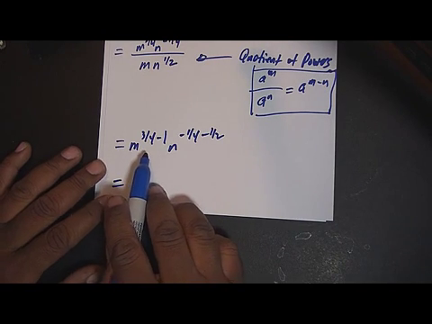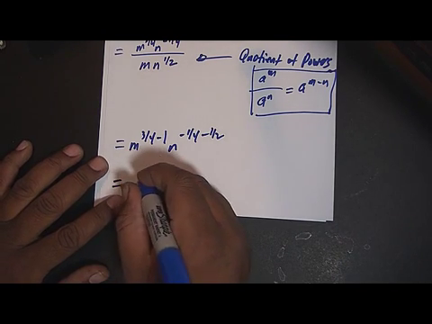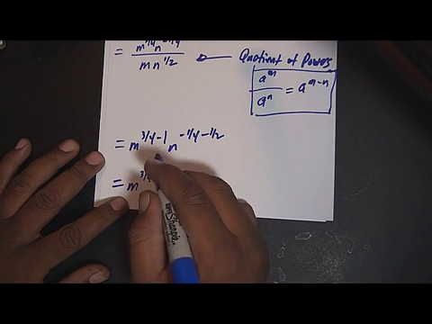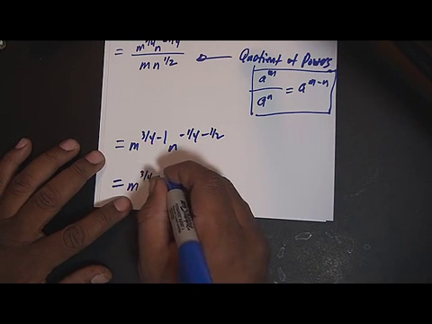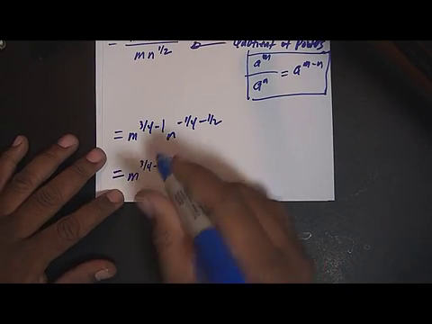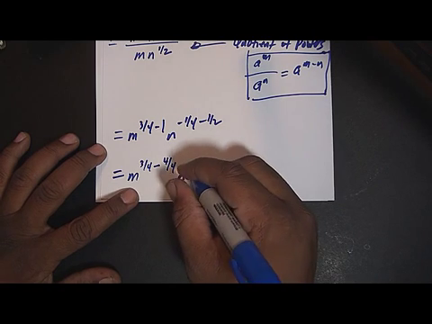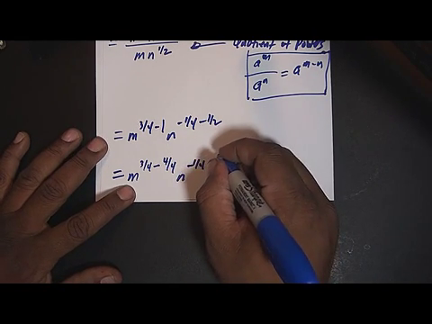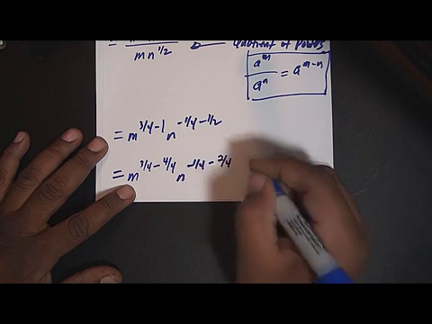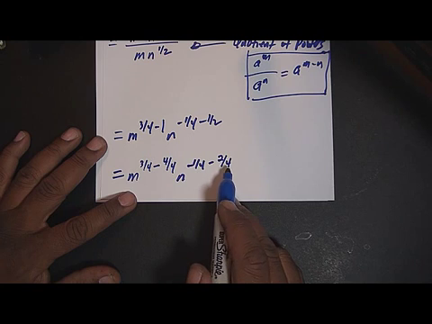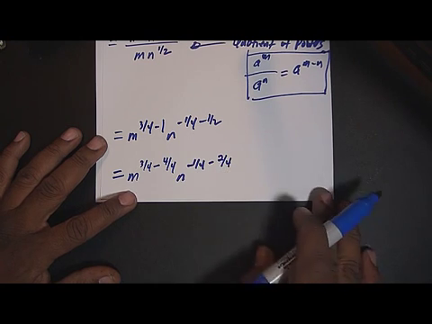Next, we'll simplify. I have m to the 3/4 minus 1, and I'll rewrite 1 with the denominator of 4. So that now becomes 4/4, times n to the negative 1/4 power minus 2/4, which is 1/2, with a denominator of 4.